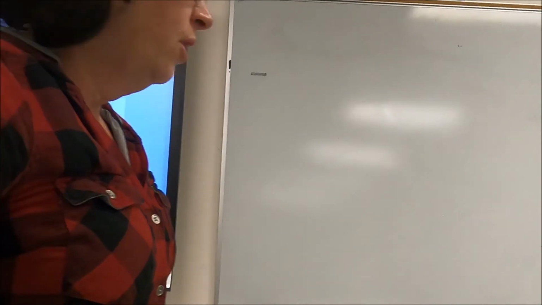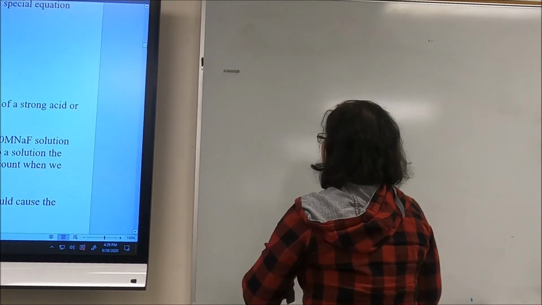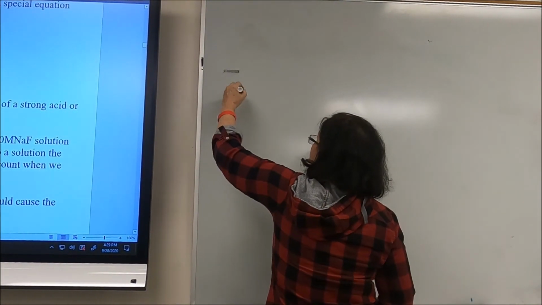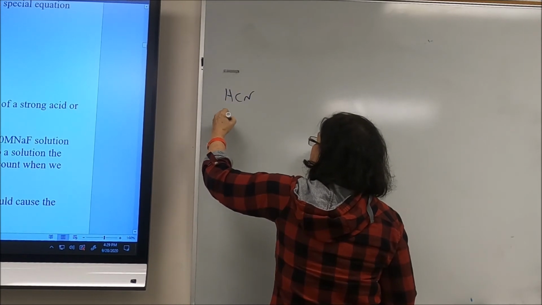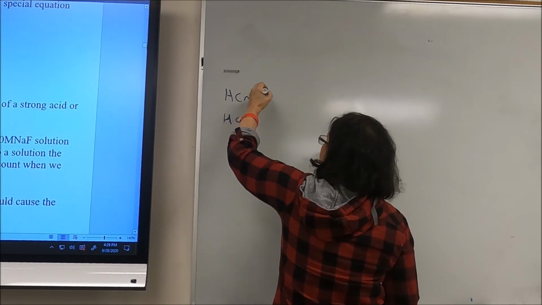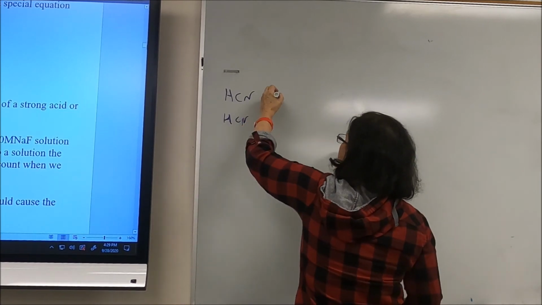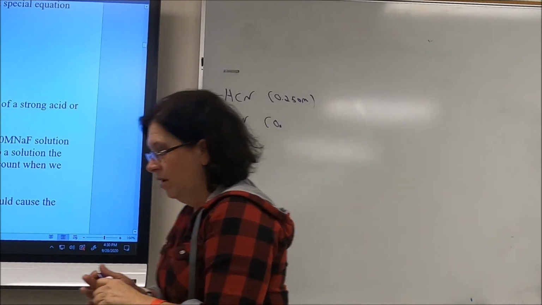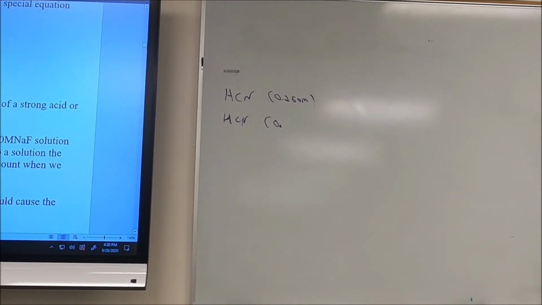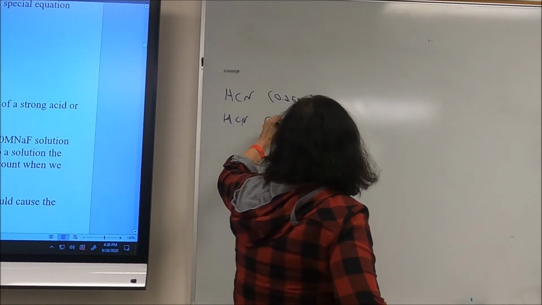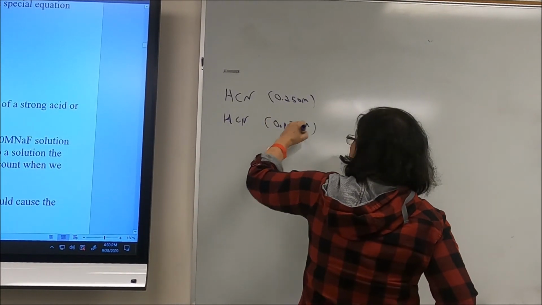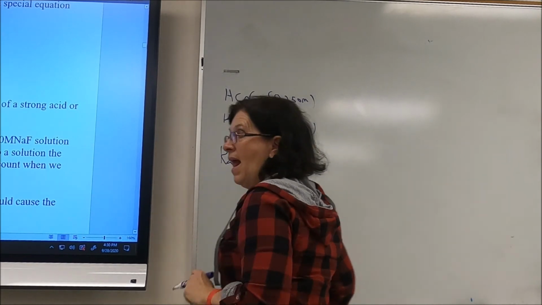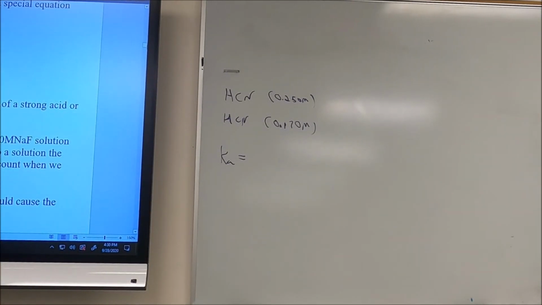So in this solution, we're given HCN and KCN solution, and the concentration here is 0.250 molar, and the concentration here of the KCN is given to us as 0.170 molar.